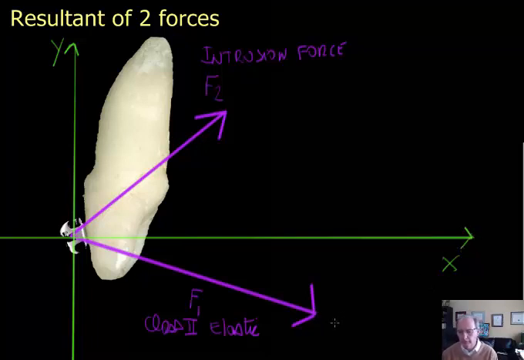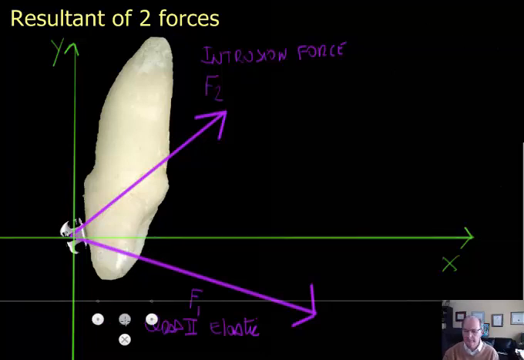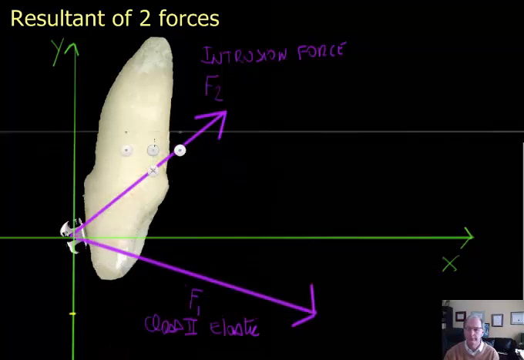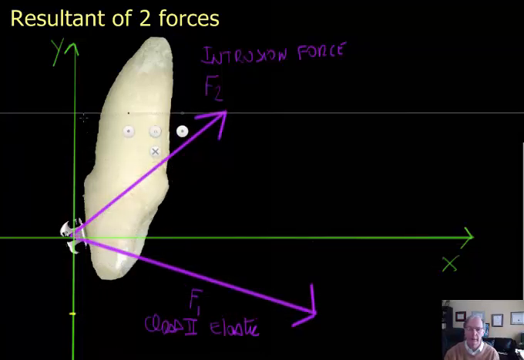Now we need to find F1X and F1Y and F2X and F2Y. So let's use the ruler again. So make a parallel to the X, which is going to be this point right there. We can do the same thing for F2 on the Y-axis, which is going to be right here.